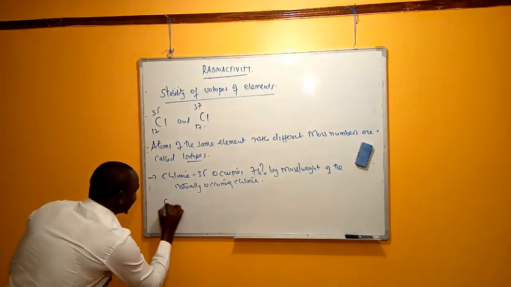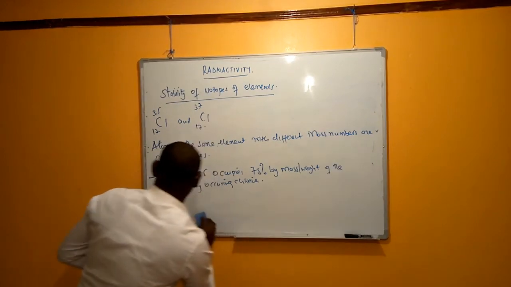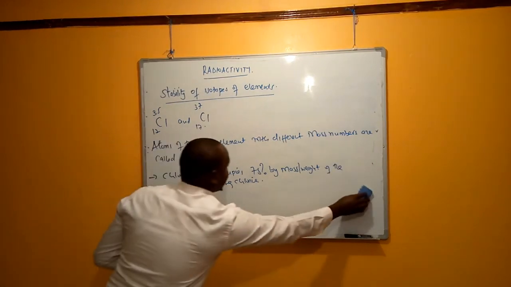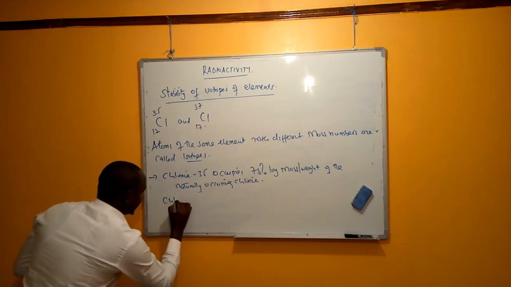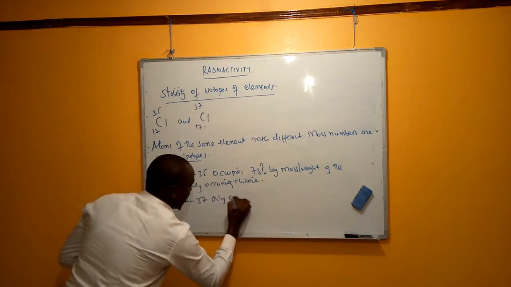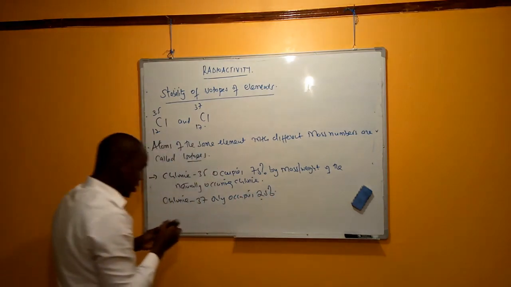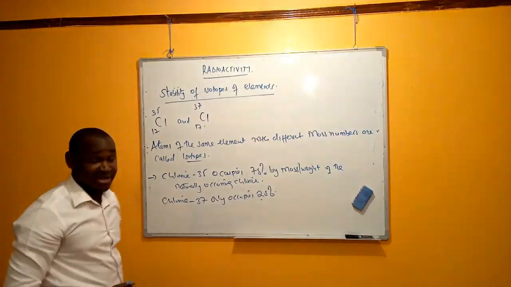You can also say by weight. While chlorine-37 only occupies 25% of the naturally occurring chlorine.